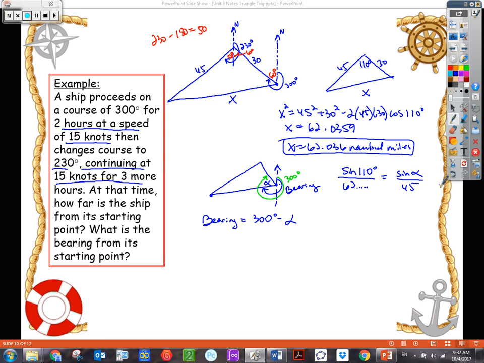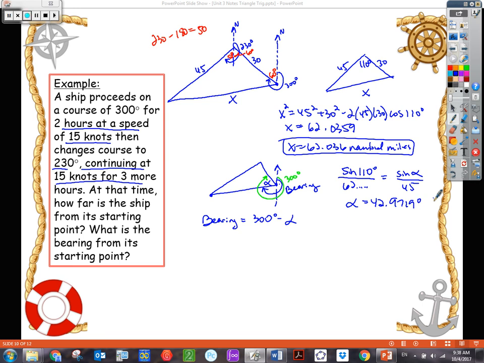So now I need to find alpha. We've done this lots of times before, right? We know what to do. We would cross multiply, then we would take the arcsine of the number that we get. So I cross multiply and take the arcsine, and I get that alpha is 42.9719 degrees. Okay, that's my alpha.